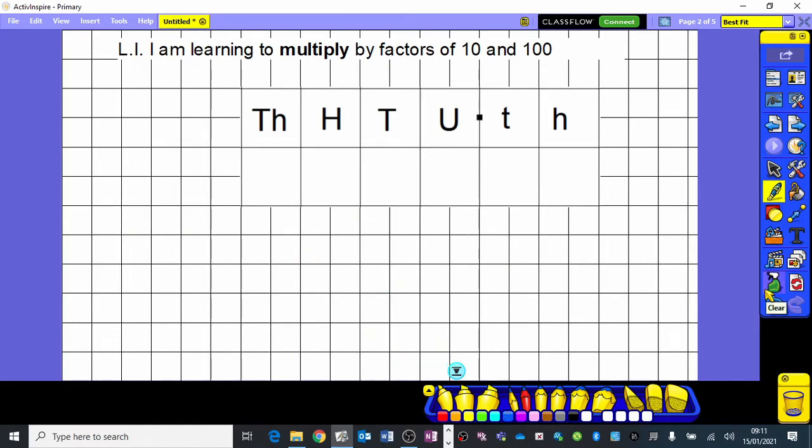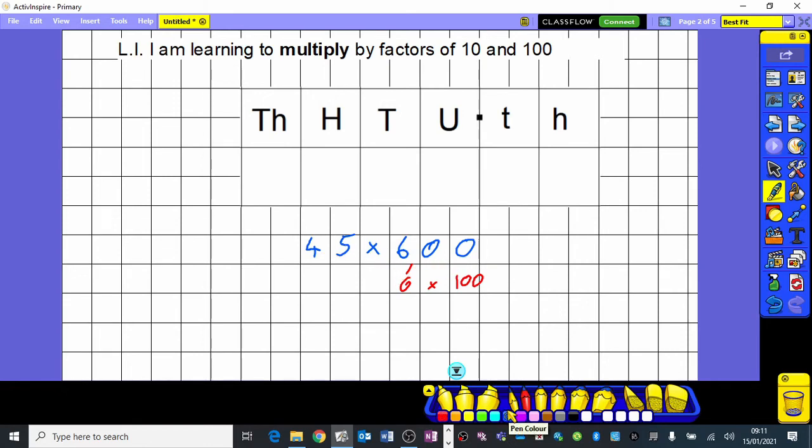Let's take another few examples. So this one is 45 times 600. Seems quite complicated, but that 600 we can chunk up. We can chunk it up into a 6, and we can chunk it up into a 100. So really all we have to do is 45 times 6, and then times our answer by 100.